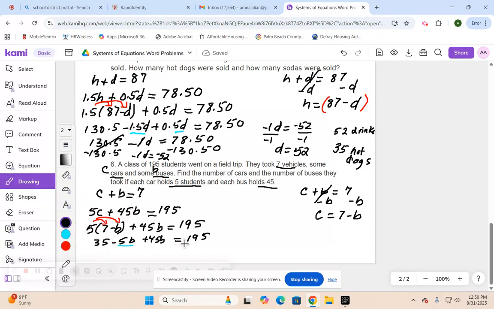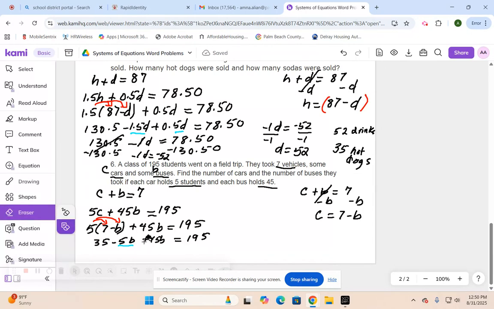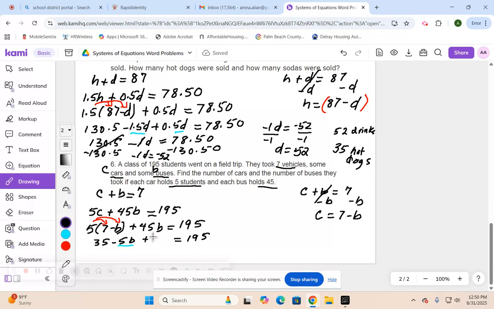So we'll combine these together, our B terms. Okay, so we'll have 35 plus 40B equals 195.